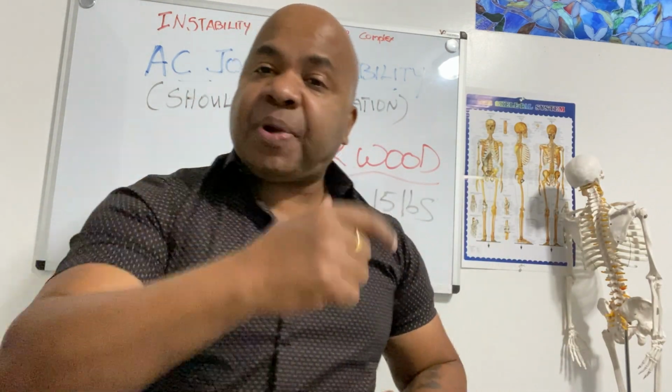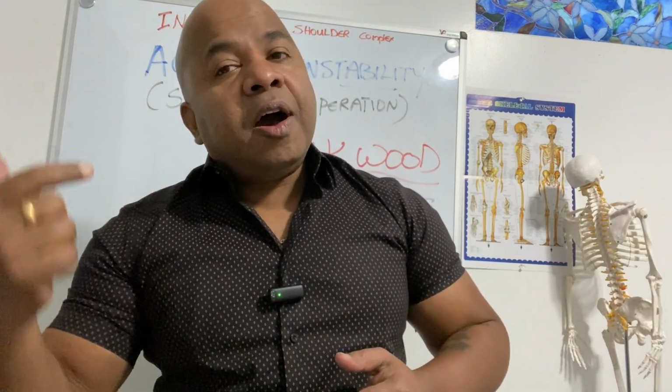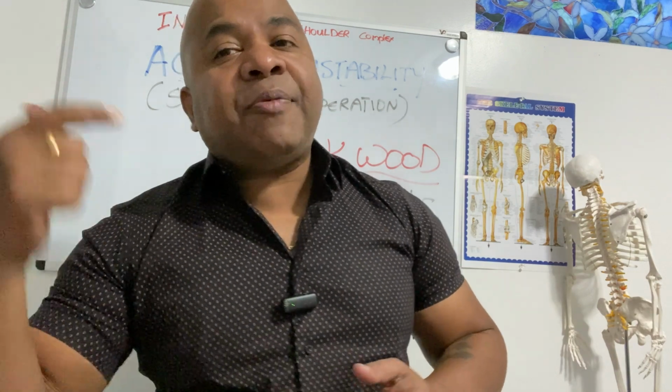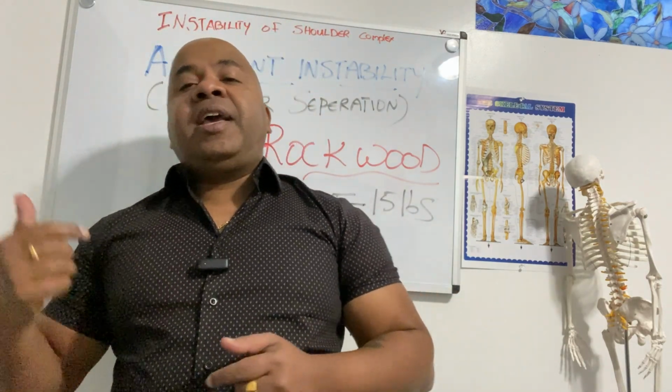And when you think about the trapezius muscle insertion, the upper fibers of the trapezius muscle are inserted into the posterior as well as the lateral 1/3 of the clavicle, the middle fibers of the trapezius are inserted into the acromion process, and the lower fibers of the trapezius are inserted into the spine of the scapula.